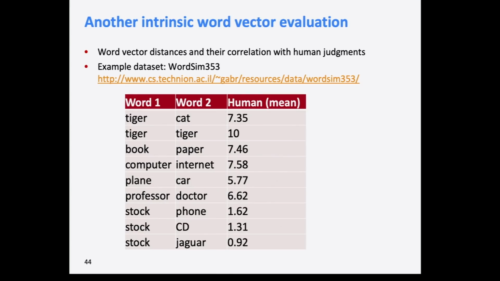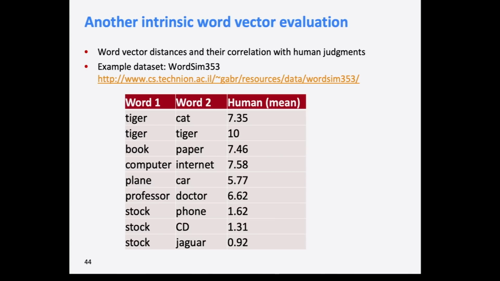Rushing ahead, there's all of the work on analogy, but the other more basic evaluation is capturing similarity judgments. There's a large sub-literature in the psychology community where people have wanted to model humans' judgments of similarity.